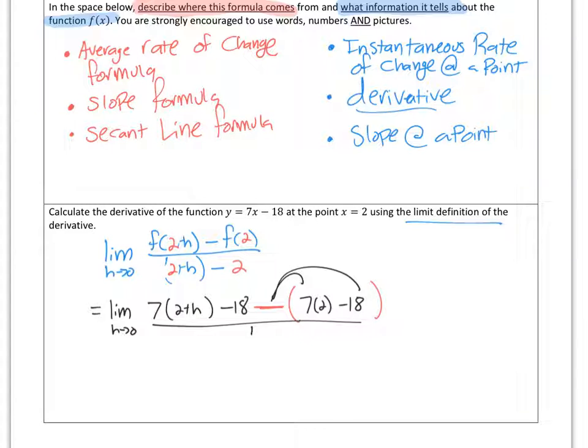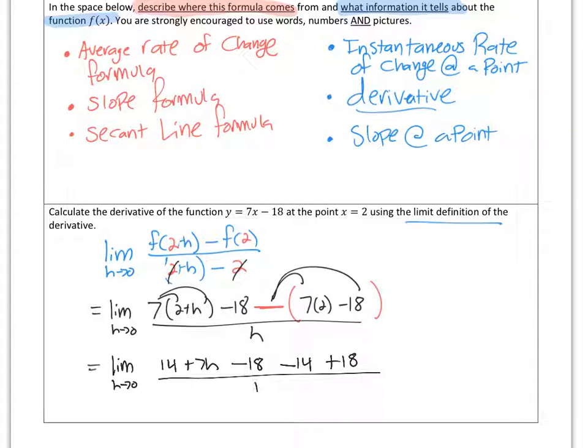And then we're all over h because the 2's cancel out up here. Distributing, the limit as h approaches 0 of 2 times 7, so 14 plus 7h minus 18. And then I'm distributing: 7 times 2 is 14, so minus 14 plus 18, all still over h.